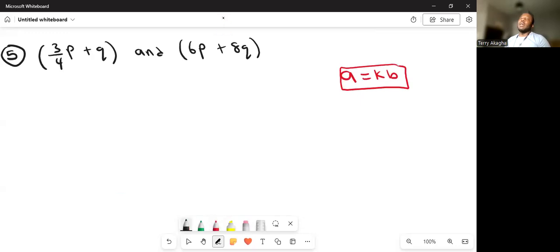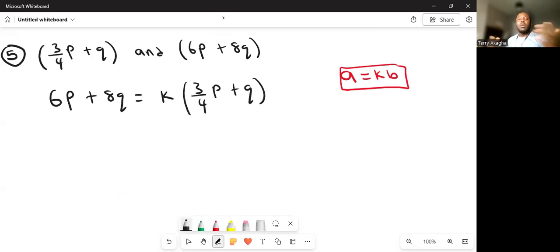So then we can now say, you can put it like 6P plus 8Q must be equal to K times (3/4 P plus Q). So you can see it does not really matter. You can put the K with the 3/4 P plus Q, or you can put it with the 6P plus 8Q.